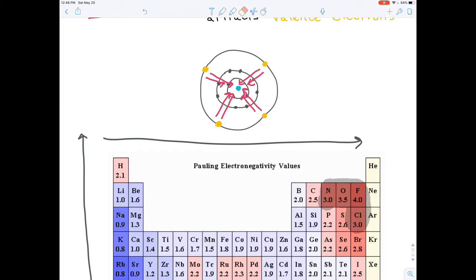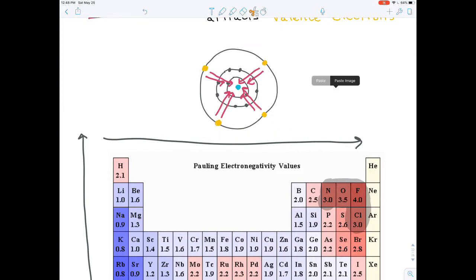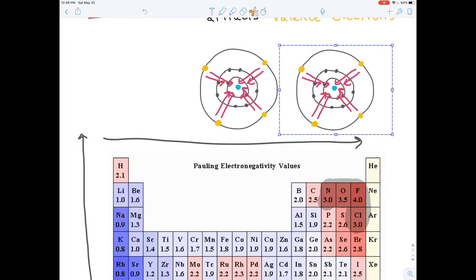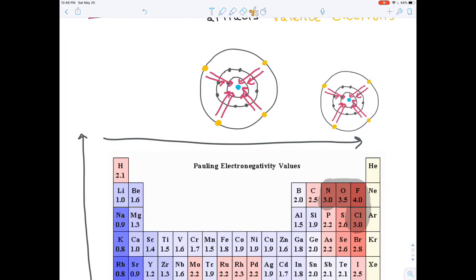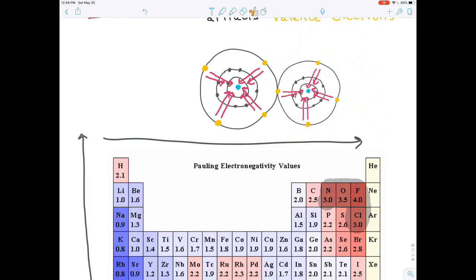If you have one atom that is really electronegative, so it's really attracting valence electrons, and let's say these are sharing that one electron. So let's say you had oxygen here on the left and then hydrogen on the right.